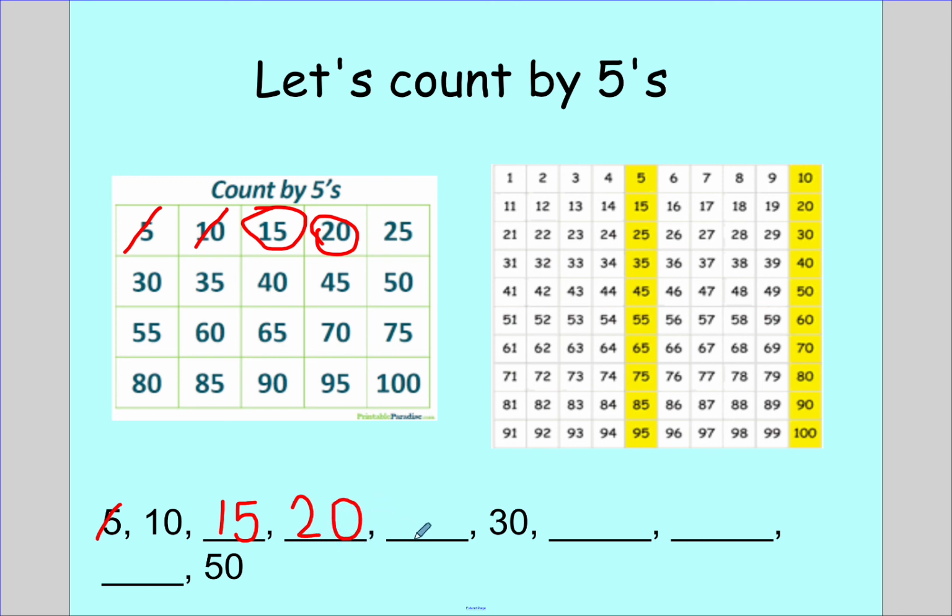And I'm missing another number. After 20 is 25. And we have 30. And then after 30 comes 35. And we're missing the number after 35, and that is 40.